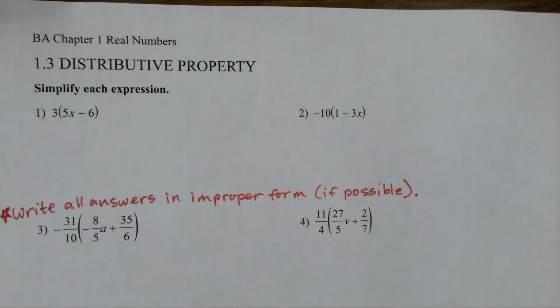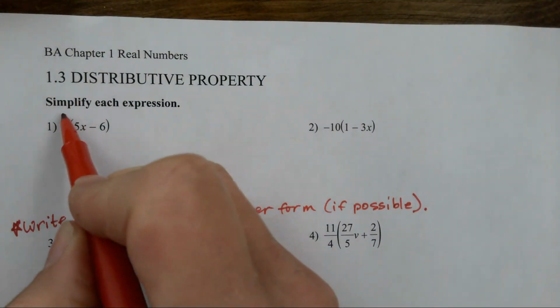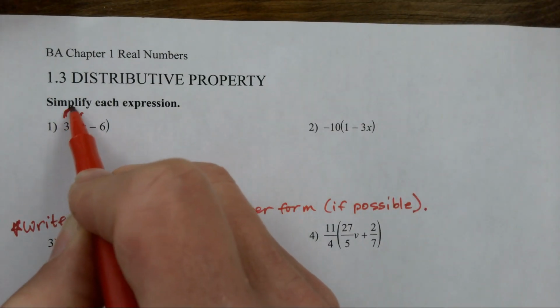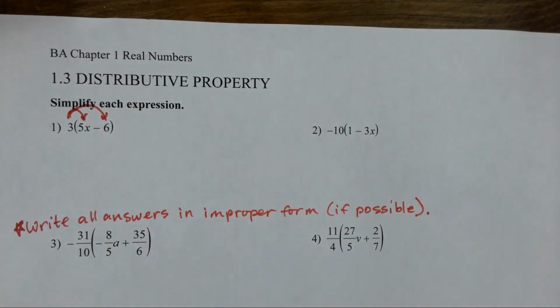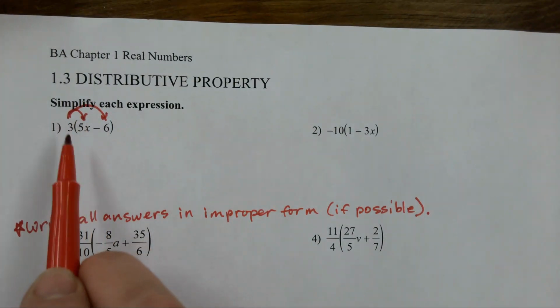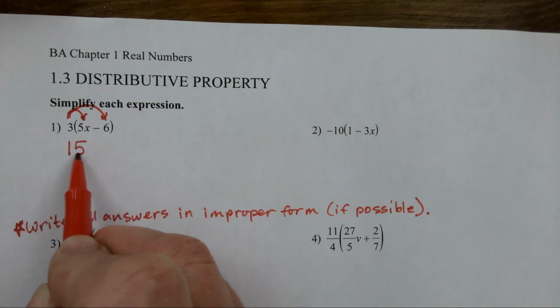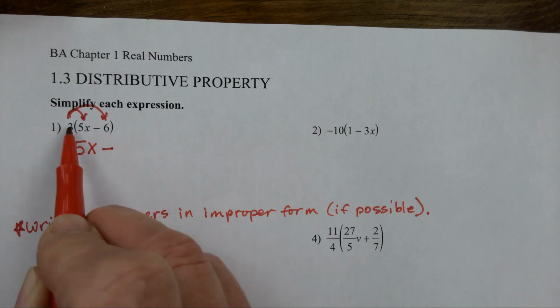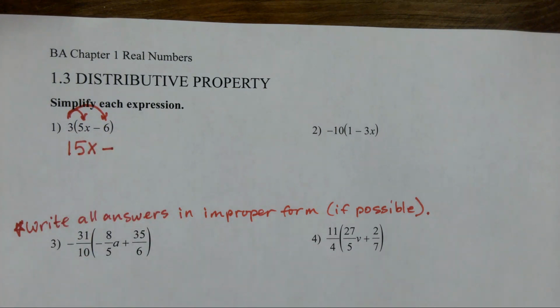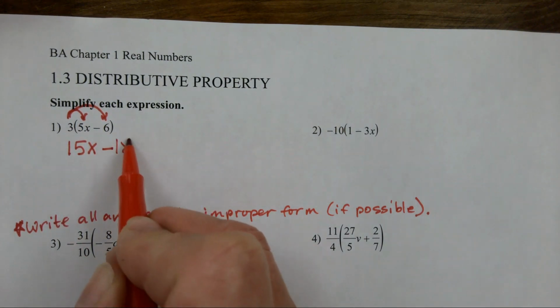And so we're going to be multiplying this number in front by both the 5x and the minus 6. So right now the multiplication shouldn't be too terrible. What's 3 times 5? 15. Great. So this is 15x minus, what's 3 times 6? 18. And we're done with that.